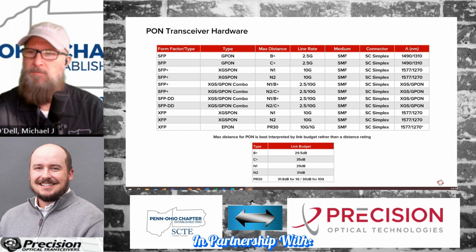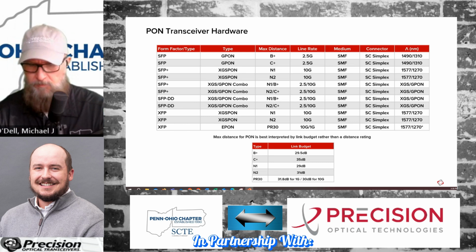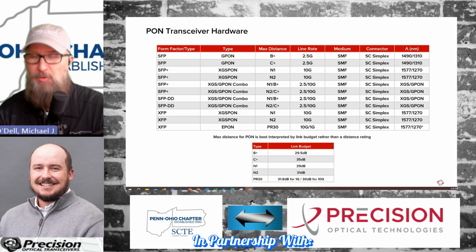A 1x64 will take 15 dB of optical signal away. So you can see pretty quickly when you start scaling it, you lose a whole lot more link budget. So that's why you see some pretty hot, quote unquote, hot optics here, where C+ GPON has a 35 dB link budget. Yeah, not very typical.